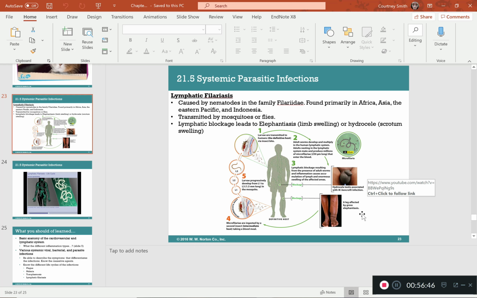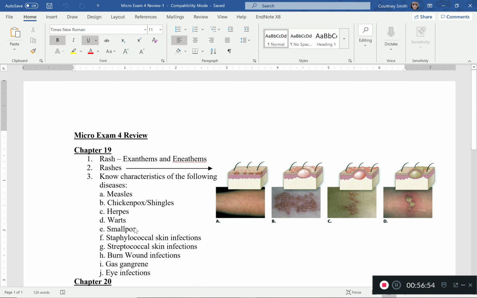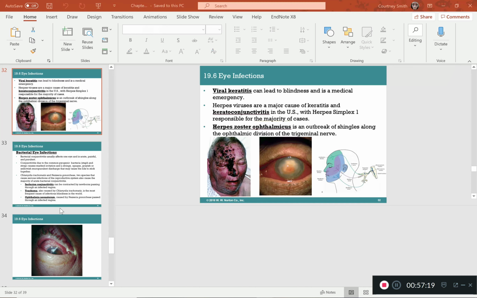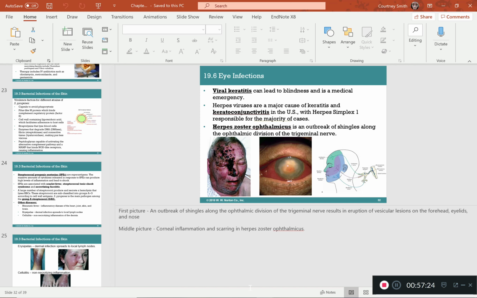Okie dokie. So that is the big picture for our exam 4. Like I said, guys, I'm going to mainly be asking questions about, for example, a Ghon complex shown in the figure.